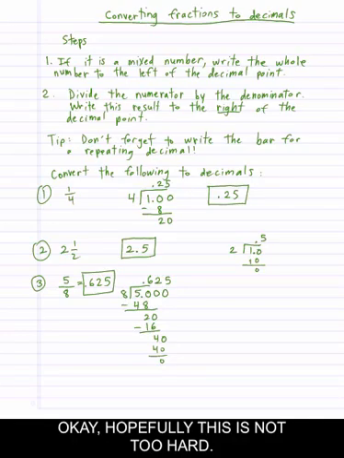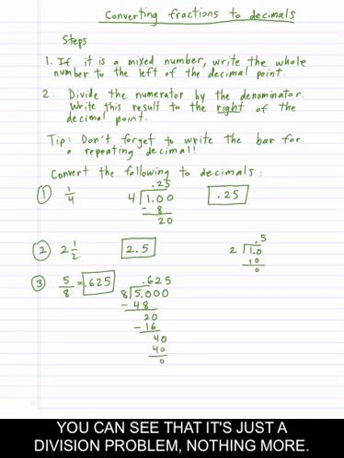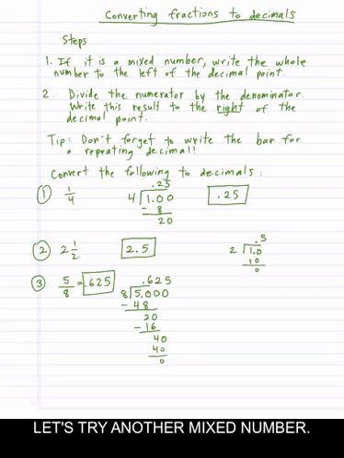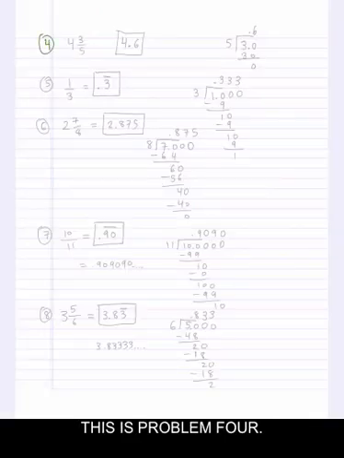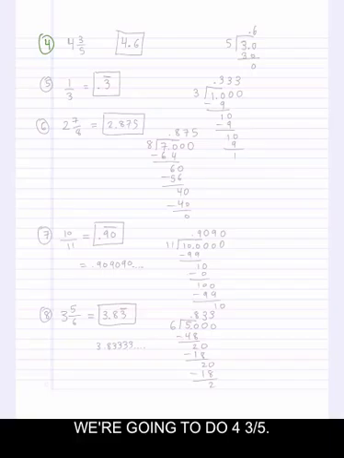Okay, hopefully this is not too hard. You can see that it's just a division problem, nothing more. Okay. Let's try another mixed number. This is problem 4. We're going to do 4 3/5.